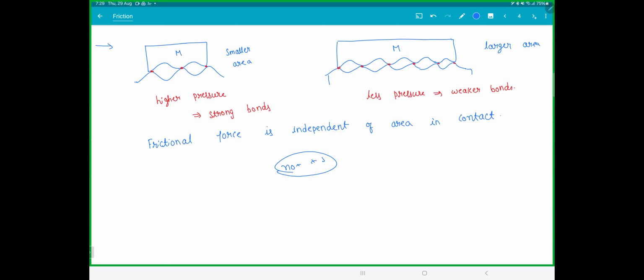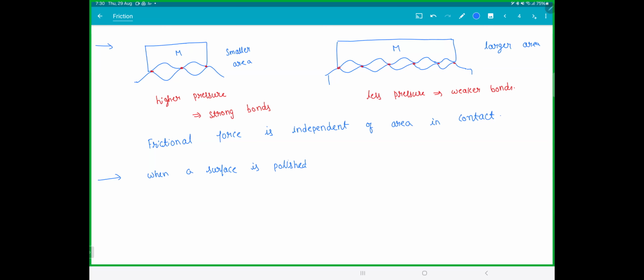Clear with this? Second thing, if you polish a surface, what happens? When a surface is polished. Sir, if the two surfaces have equal pressure, but one has a smaller area and one has a larger area, then the one with the larger area will have more friction, right? Come again.